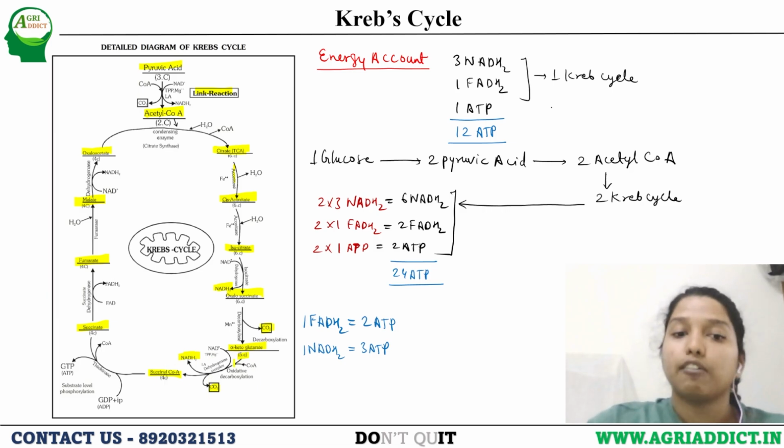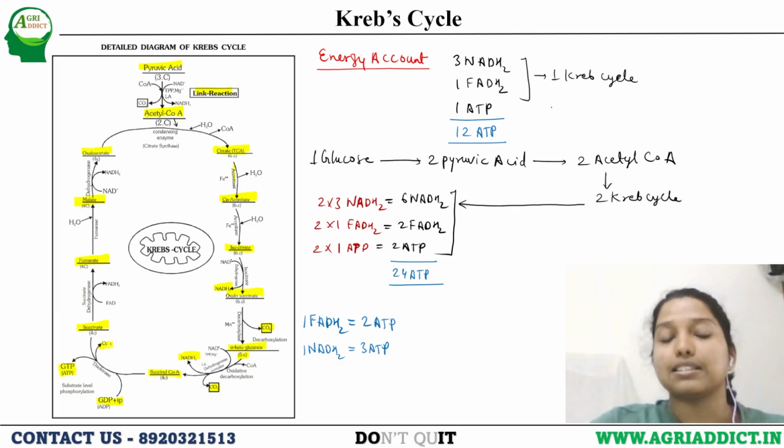Because one more CO2 is released, succinyl coenzyme A, a 4 carbon compound, is formed. Here one GDP plus inorganic phosphate is used, and one GTP, equivalent to one ATP, is formed. The coenzyme A which was used in the conversion of alpha ketoglutarate is released in this step, and succinate is formed.